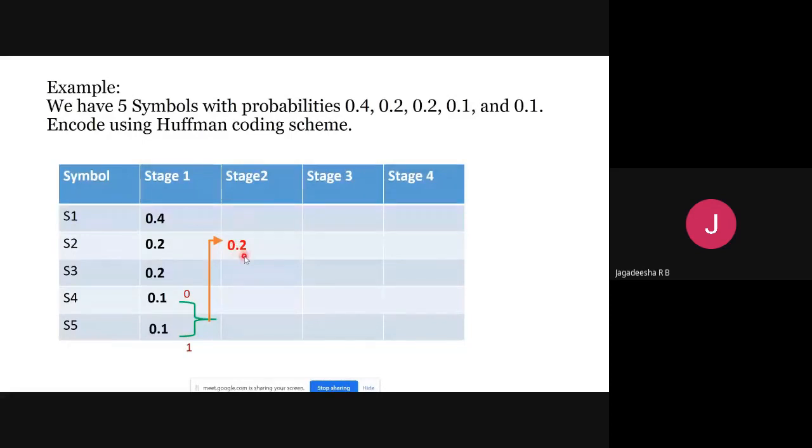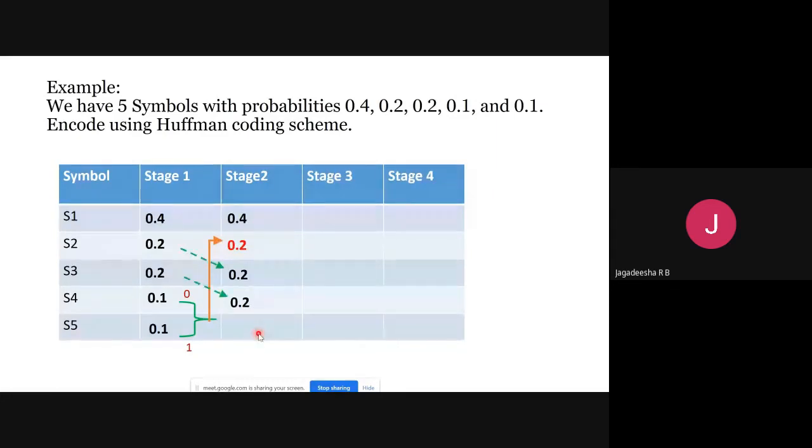And then this 0.2 is just here. All are the same 0.2s, but we are just moving this item first. That's all. And again, this is a sorted list.